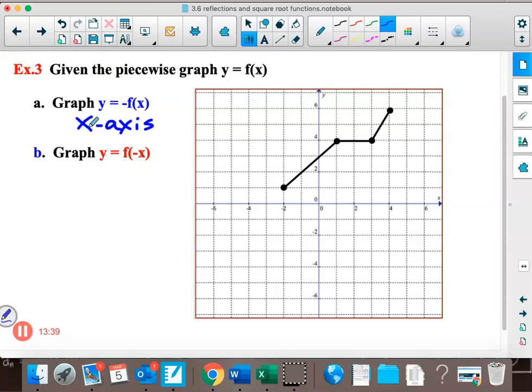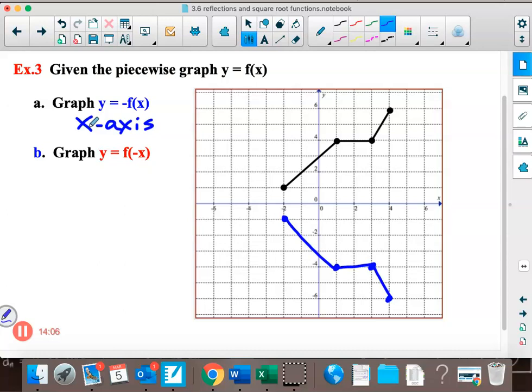If this is the point (-2, 1), when I reflect over the x-axis, I multiply my y by a negative, so this becomes (-2, -1). Up here, I have (1, 4), so I'd go to (1, -4). Here I'd go to (3, -4). And then (4, 6) becomes (4, -6). And then just connect the dots.